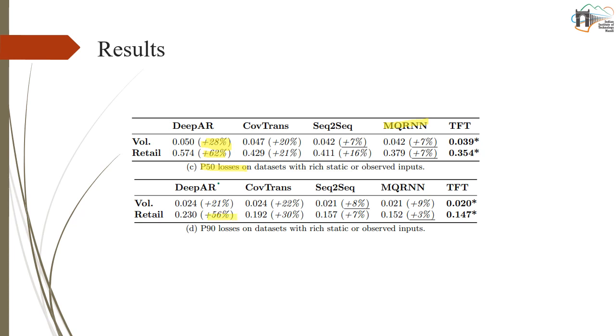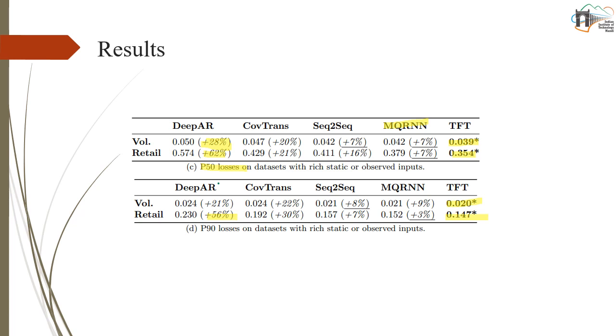In the case of P50 losses, the improvement was greater, but in the case of P90, it was slightly more comparable. The basic takeaway from these results and comparisons is that the TFT captures the temporal dependencies of input variables and handles diverse inputs. It's not only promising, but also delivers very good results.